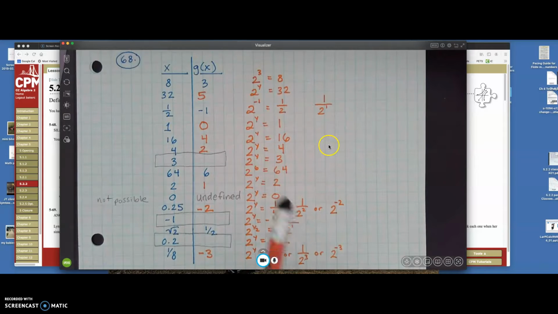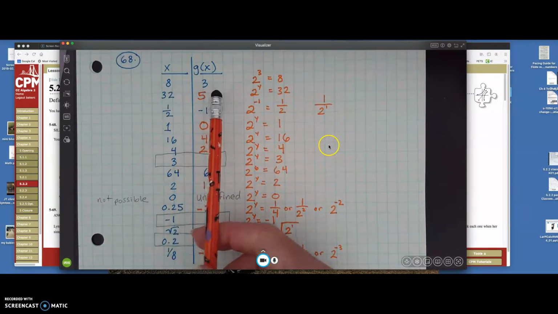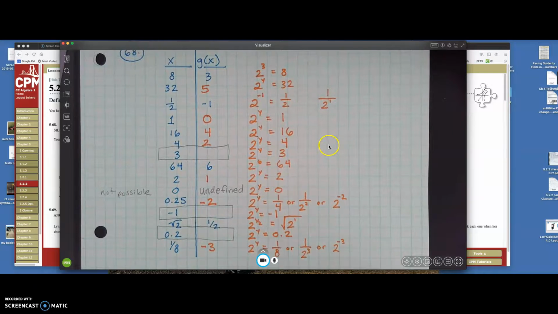Okay, so I'm going to use the first example at the top, the one with 8 and 3 as our pair, our coordinates, to illustrate how we're going to figure out these ones. And I'm just going to say as a preface that this is a very hard concept. I'm not particularly fond of how the book introduces this relationship, but I promise to give you more notes later that will help clarify this. So this is more of an exploration classwork. It's not that you have to have it mastered at this point.